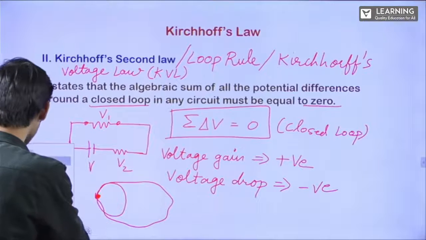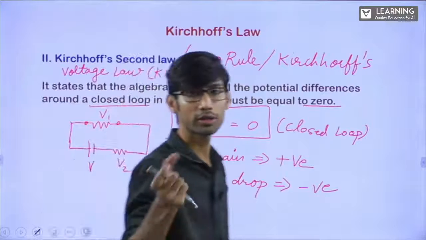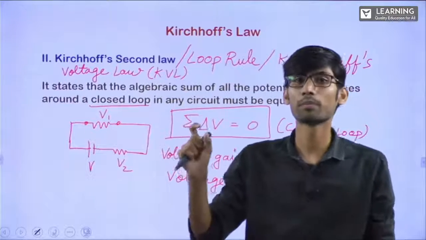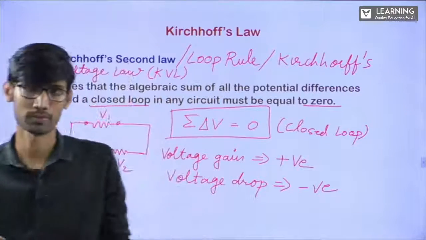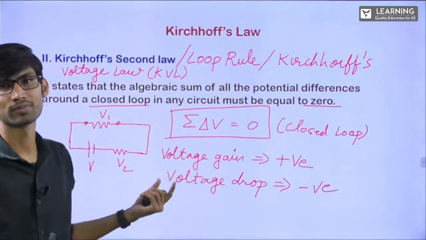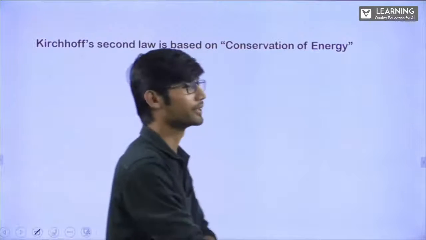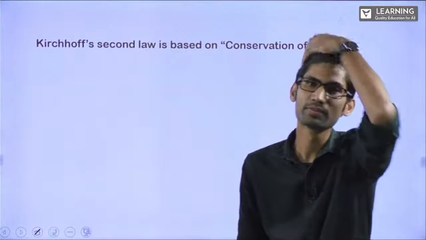So this particular law, or voltage first of all depends on position, not on the path, right? So if we are coming back to the same position, what is conserved? Energy. Kirchhoff's second law is based on conservation of energy, right?